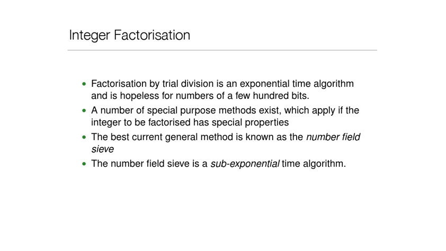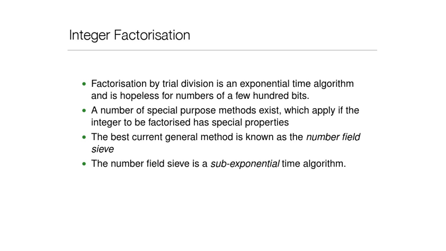A number of special purpose methods exist which apply if the integer to be factorized has special properties. The best current general method is known as the number field sieve. This is the best currently known method for factorizing a number, but it is a sub-exponential time algorithm.